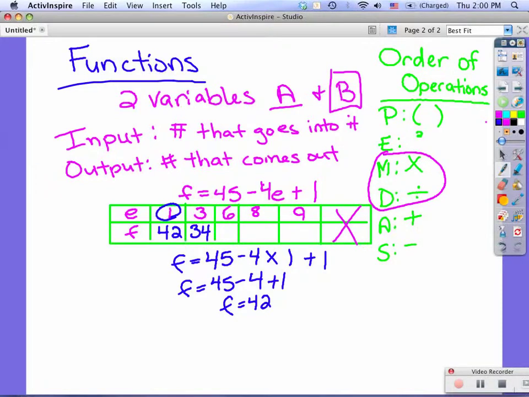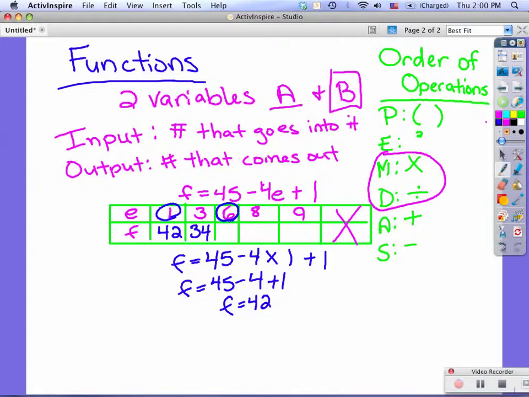Okay, let's see how we did on this problem. The input for this next one is 6 because the box below the 6 is empty. And remember, whatever you do with the E affects the output in the F. Here is my problem. 45 minus 4 times E plus 1.